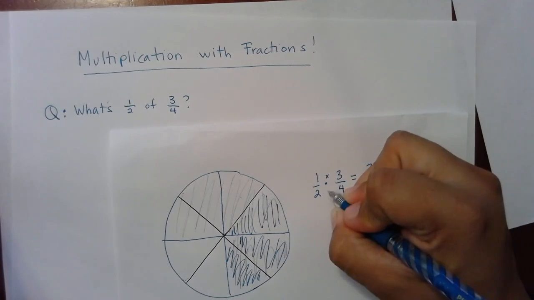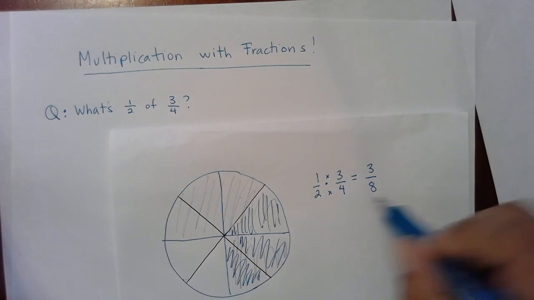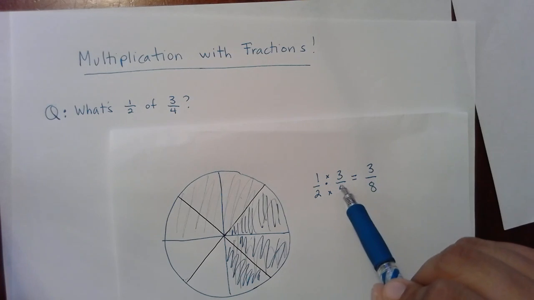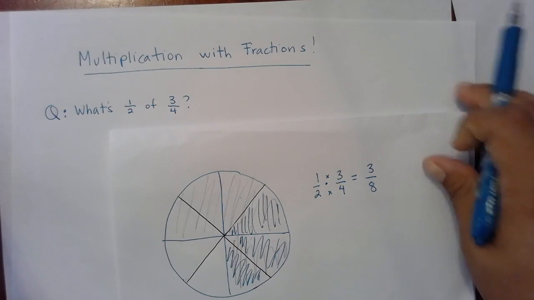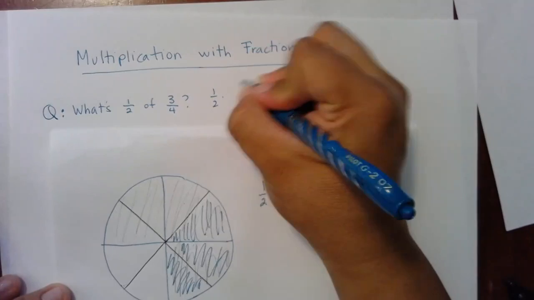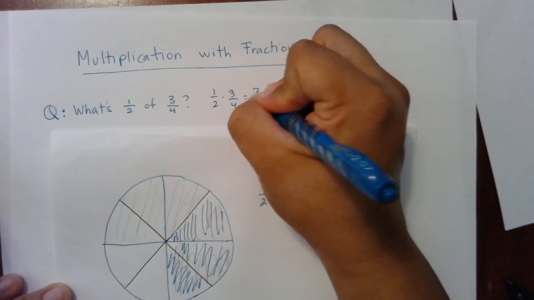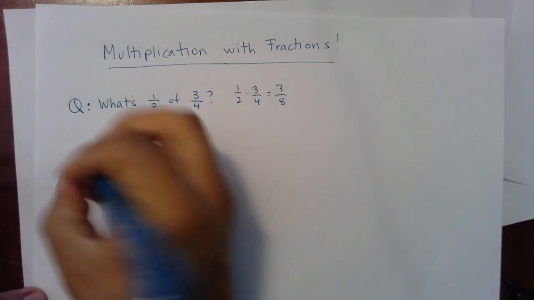But essentially, we observe that the relationship is multiplication. So if you want to multiply two fractions, you basically multiply the numerators and the denominators. So here's a rule in general.